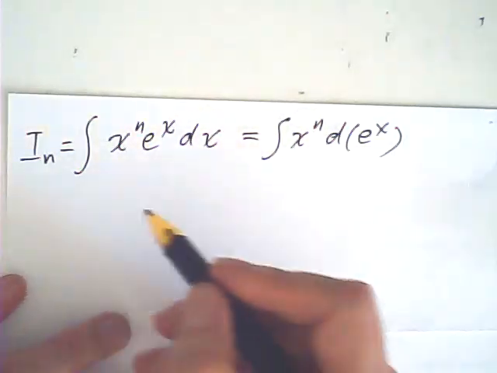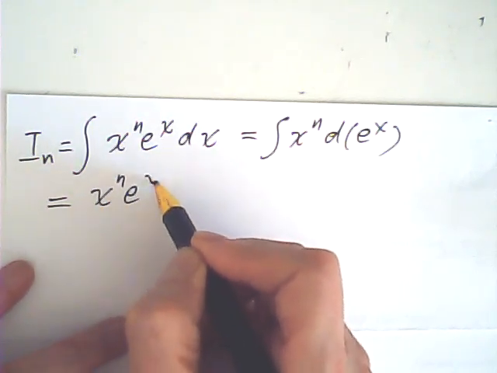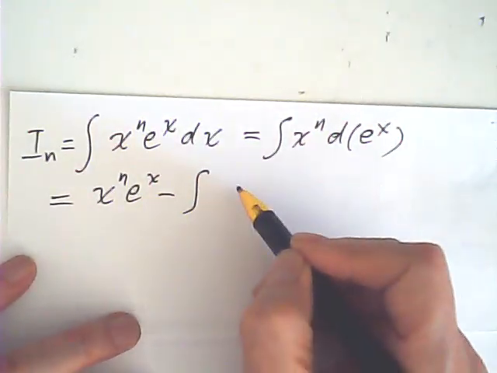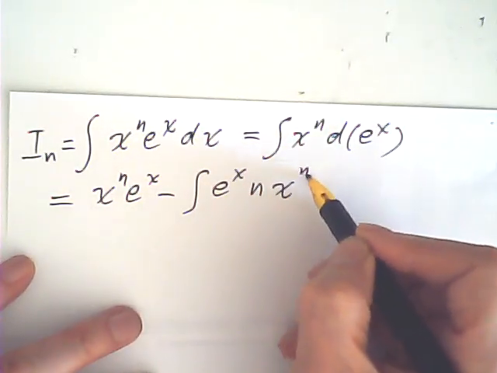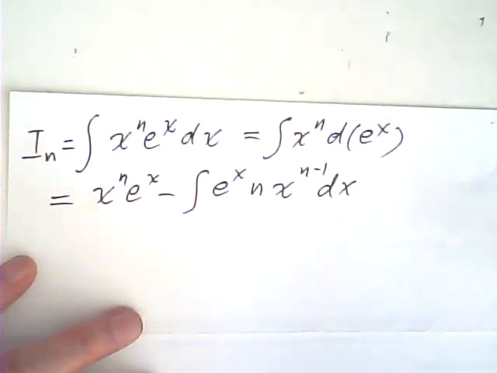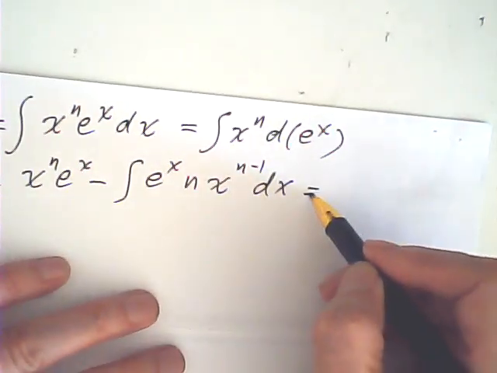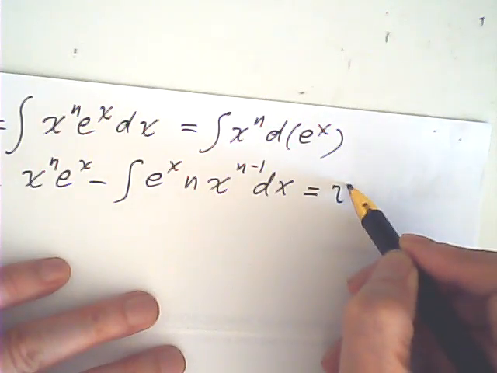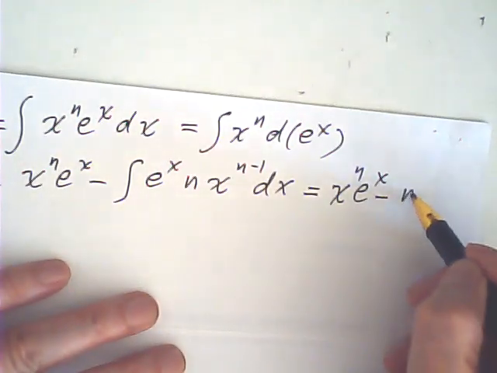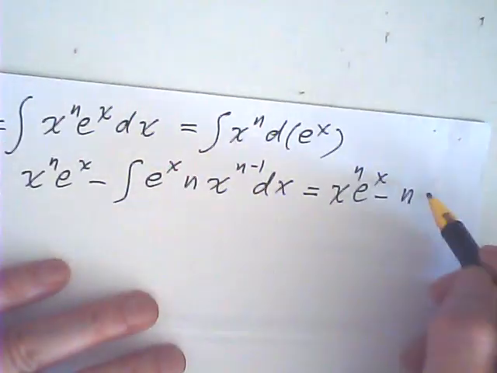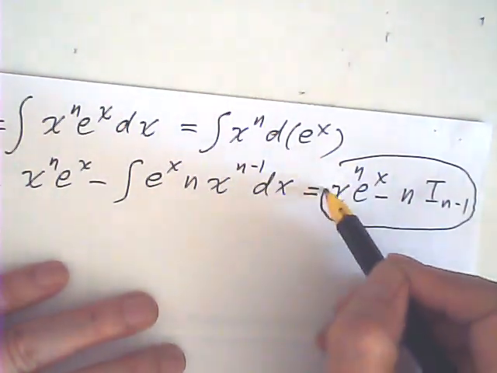So I can use by parts, which is equal to u v minus integral of v du. v du is n x^(n-1) dx. So this one is equal to x^n e^x minus n times I n minus 1. So that is the reduction formula.